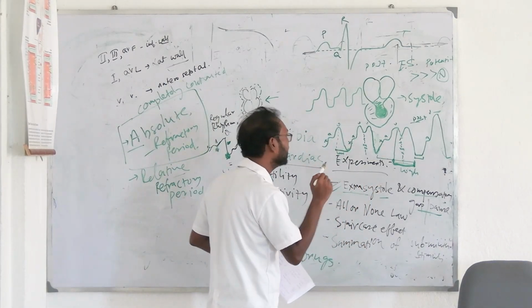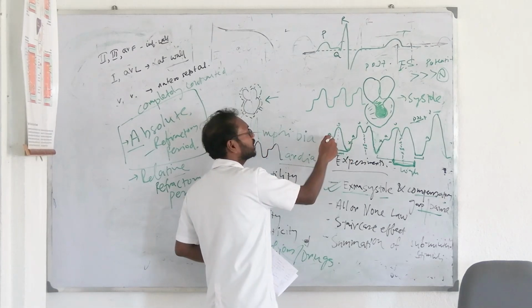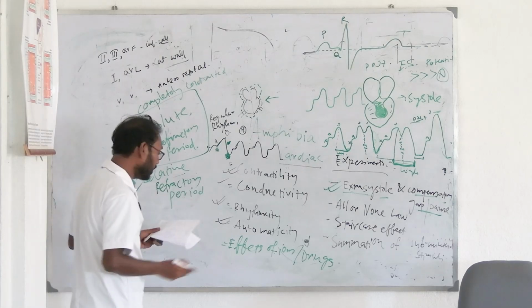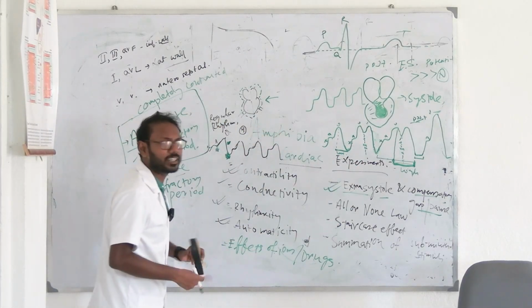যদি আমরা stimulate দিই in this relative refractory period, not in case of absolute refraction. So that's why this absolute and relative refraction is important. Now what is the clinical significance of this absolute and relative refraction?